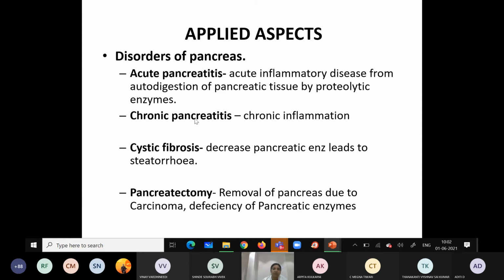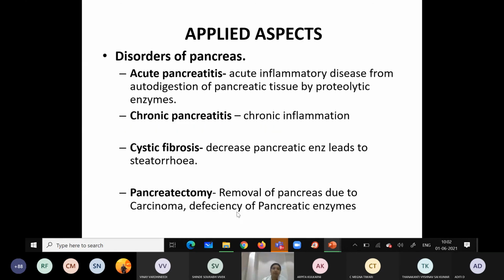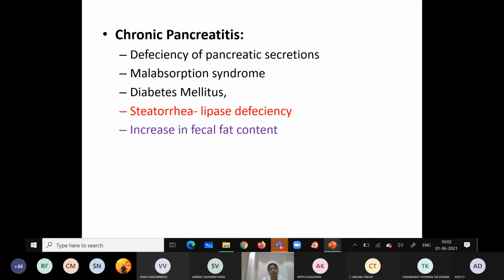This is the most common presentation, chronic pancreatitis. Then there is cystic fibrosis, another important one, I will tell you what it is. Then pancreatectomy. If a person is found to have cancer of the pancreas, the pancreas is removed. This causes severe deficiency of pancreatic enzymes and malabsorption syndrome in CA pancreas patients.